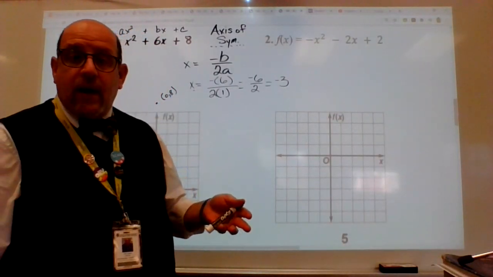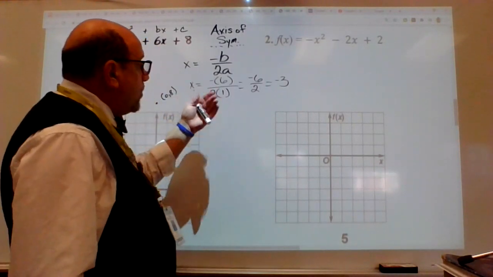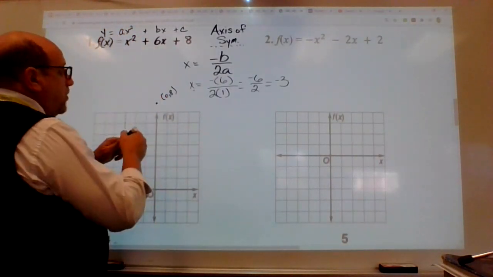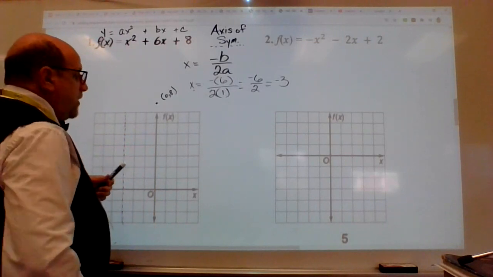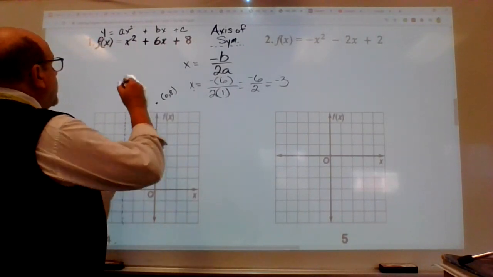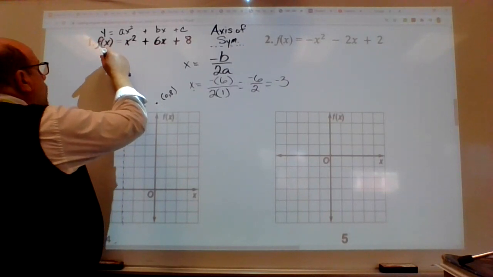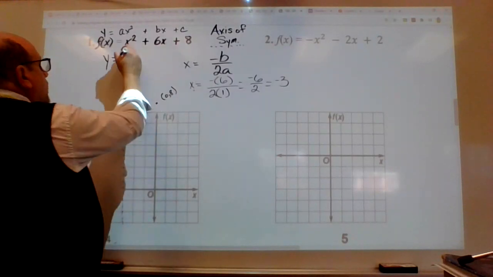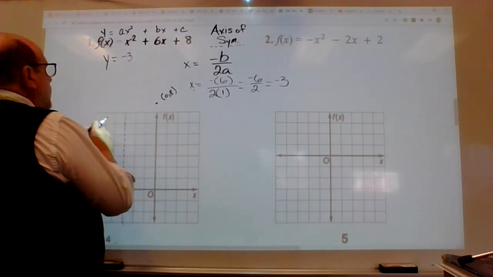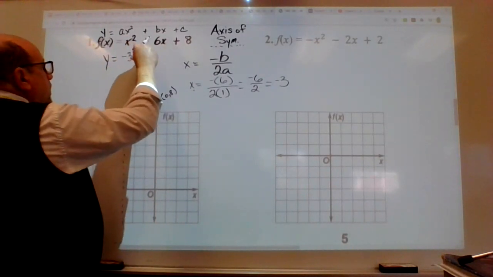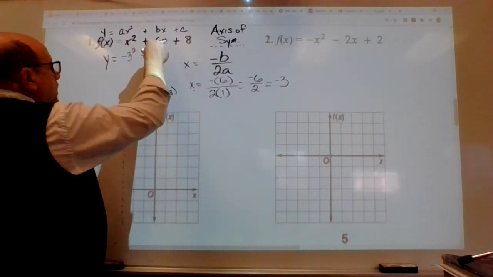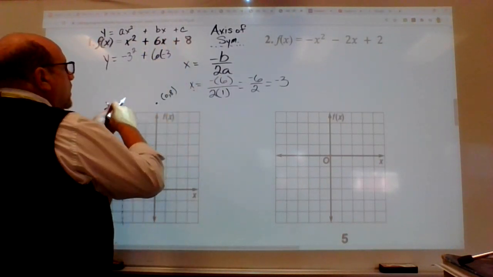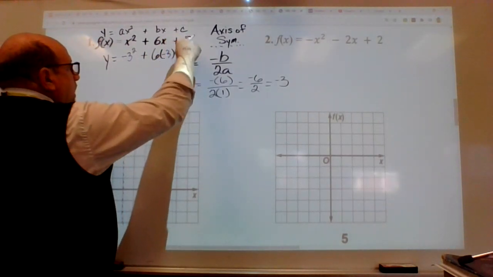Step 1 was use this formula. Step 2 is plug in negative 3 for x in our original equation. So we say y equals negative 3 squared plus 6 times negative 3 plus 8.